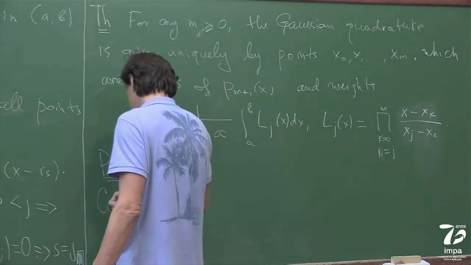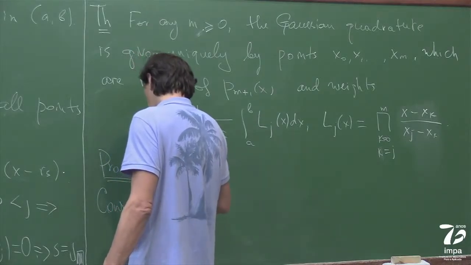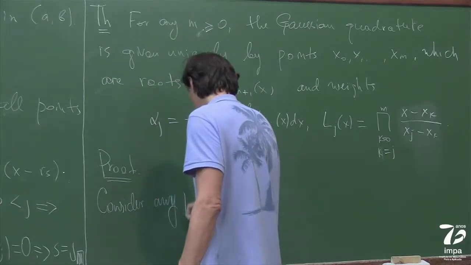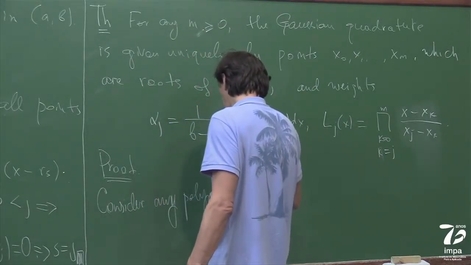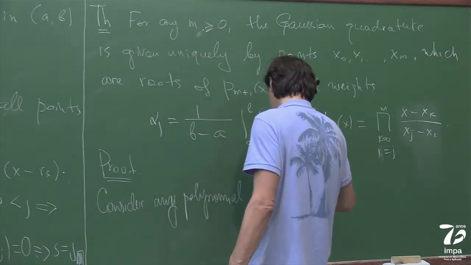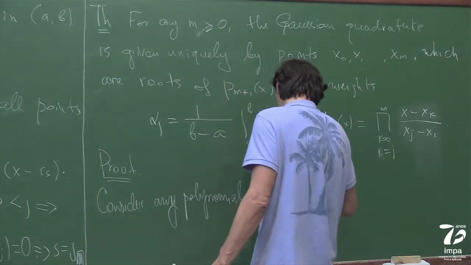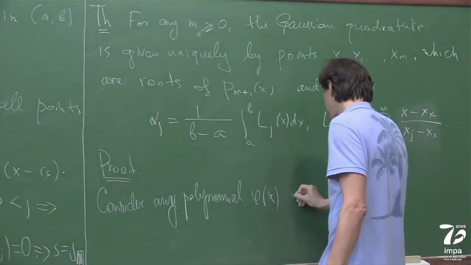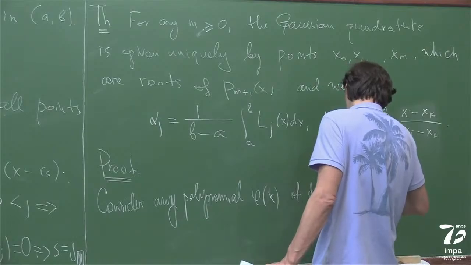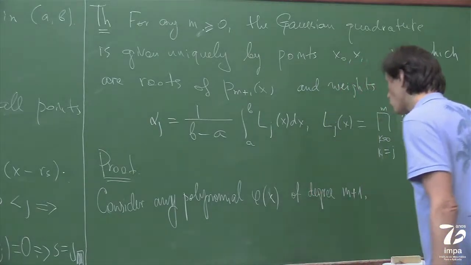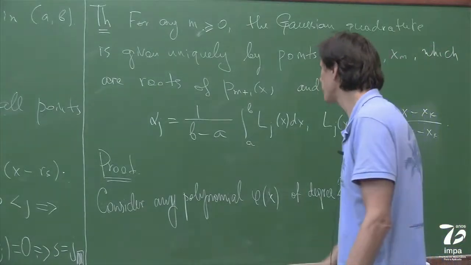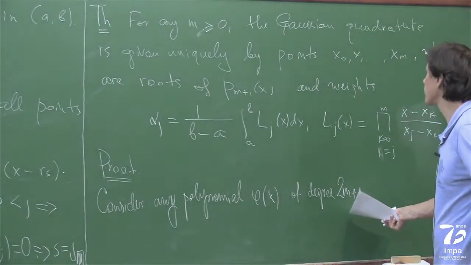So we take a polynomial phi of degree 2m plus 1 and start playing with it.